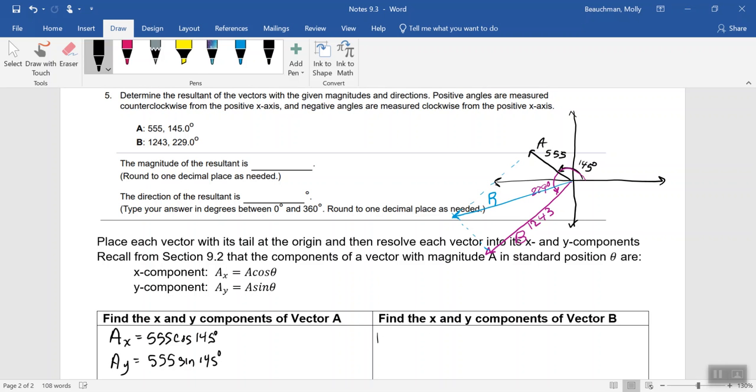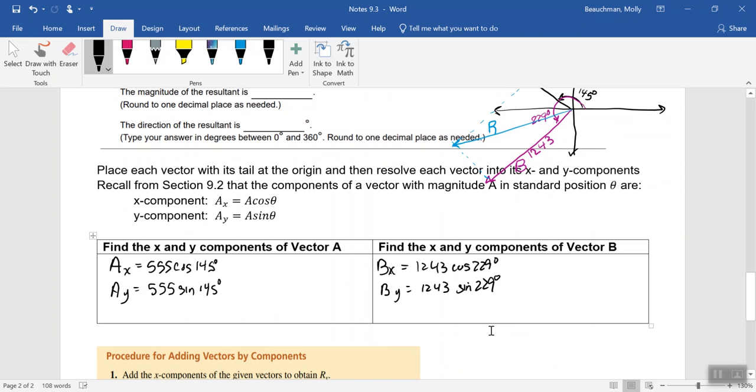Then we're going to do the same thing, find the x and y components of vector B. We get 1243 times the cosine of 229, and the y component is 1243 times the sine of 229 degrees. So that's going to tell us the coordinates of A and the coordinates of B, and then we're going to add those two coordinates together to get the x coordinate of R and the y coordinate of R.